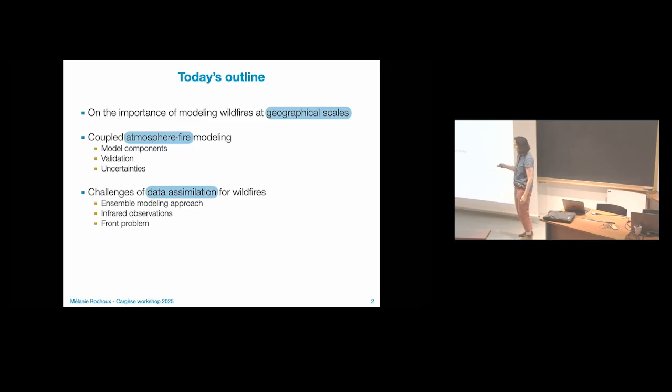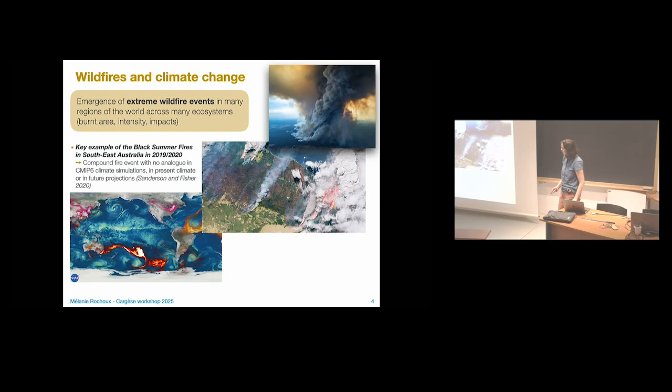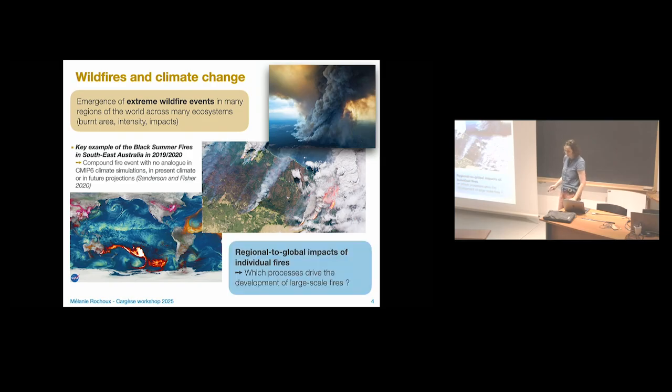But building a data assimilation for such a system is quite challenging, as there are different methodological issues, especially since we are dealing with a front problem with wind direction that has significant uncertainties and makes some topological errors in the model.